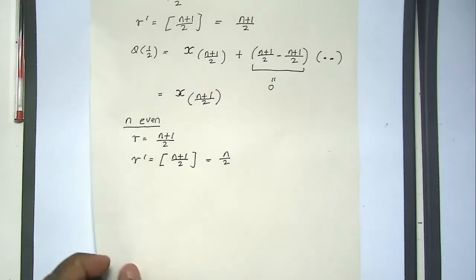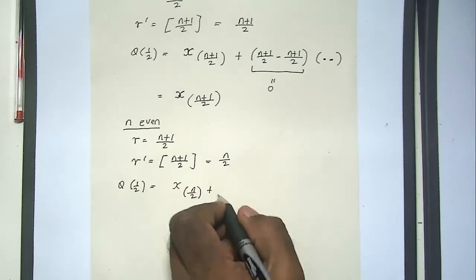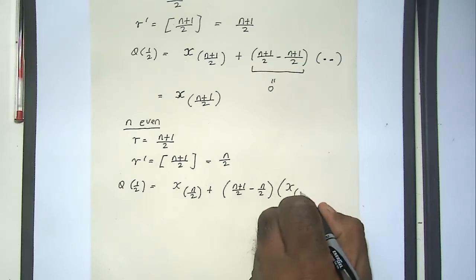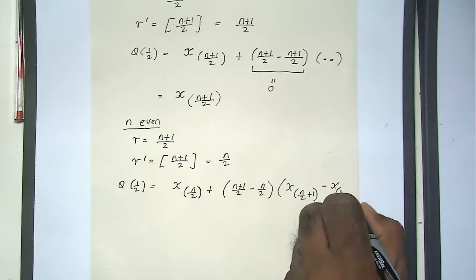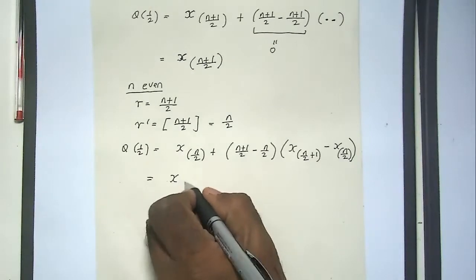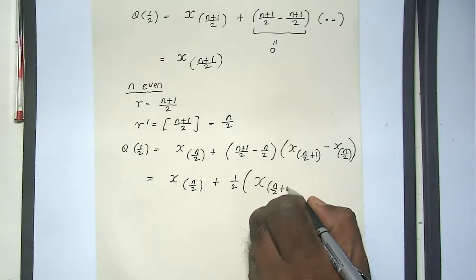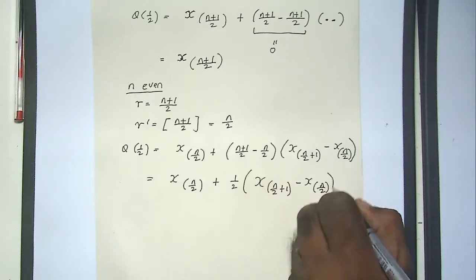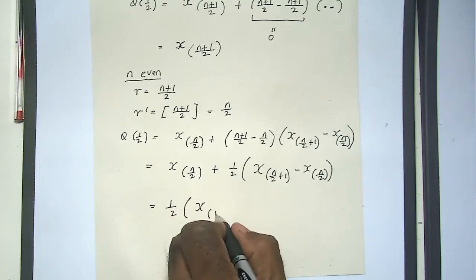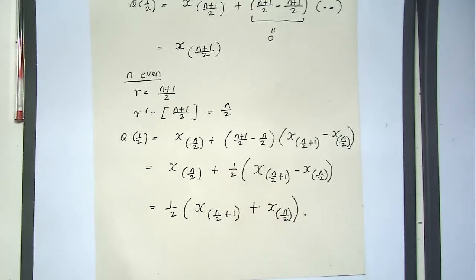So q at half will be like that. Which is this, and this can be simplified to half, right, guys?